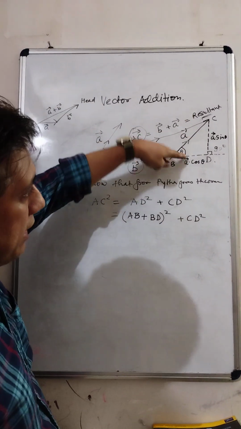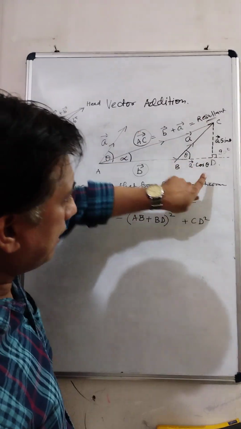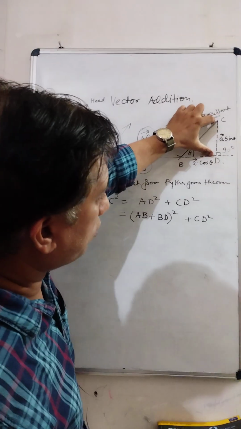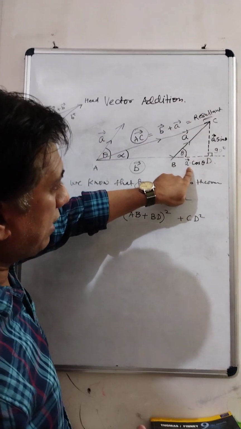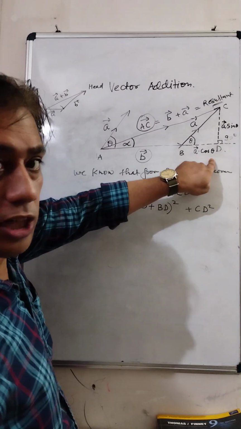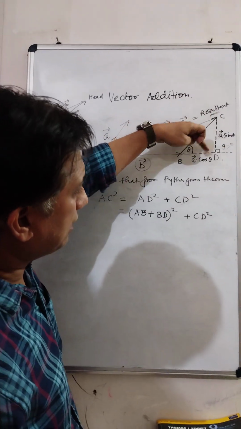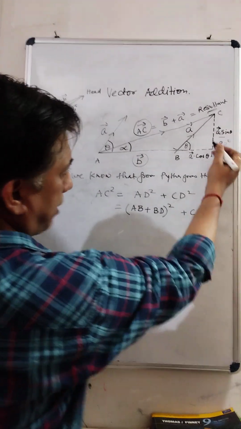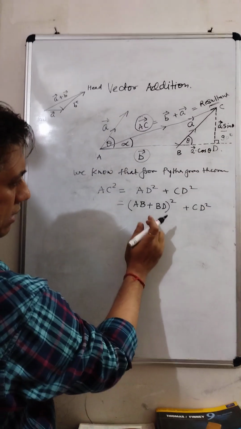So the component of A vector along this side is BD and along this side is CD. Here BD is A cos theta and CD is A sin theta. Now we substitute these two in this equation.